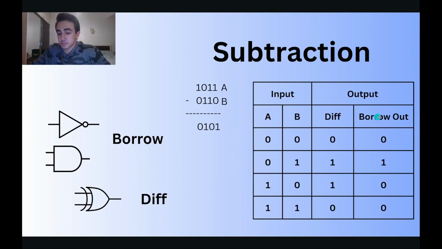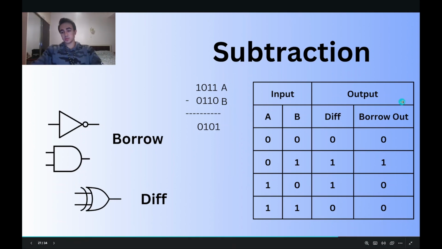But we borrowed 1. And in case 0 is subtracted from 1, the difference is 1. And when 1 is subtracted from 1, the difference is 0, borrow is 0. So here we also see that this difference truth table is similar to the output of the XOR gate, so we'll also use XOR.